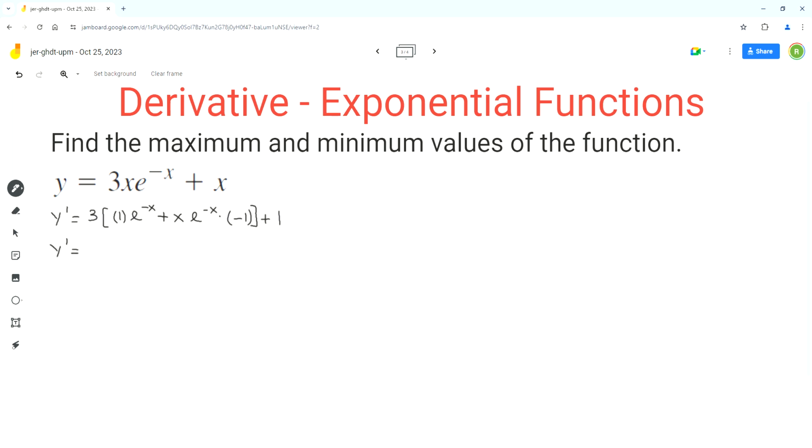Now we can simplify this expression. So in the first part, we can multiply 1 by e to the power negative x, which gives us just e to the power negative x. And in the second part, we can multiply negative 1 by x times e to the power negative x, which will make the whole term negative.